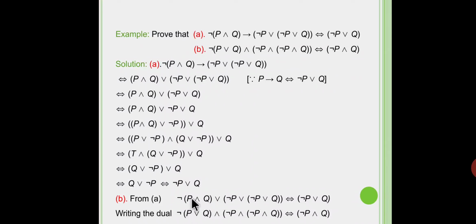What is the duality law? We replace disjunction symbol by conjunction and conjunction symbol by disjunction, and true by false and false by true. So we get negation P or Q and negation P and Q, which is equivalent to negation P and Q. This is the required statement.